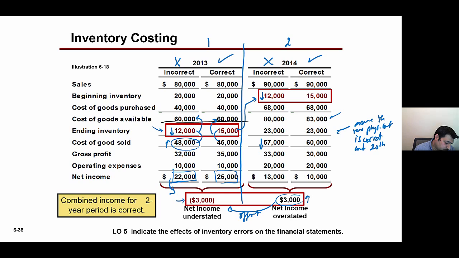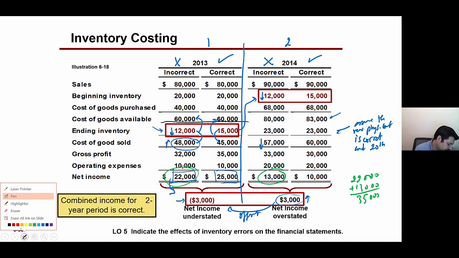To see that, let's look at those two here. If we add 22 to 13, this is from year 1 and year 2, we have 22,000 plus 13,000. This is 35,000. And now we also look at this one and this one. Those are the correct ones.